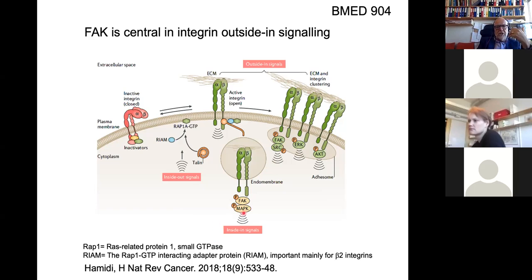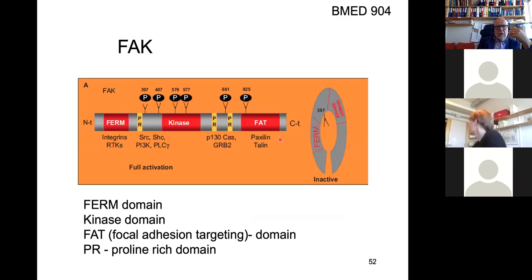So focal adhesion signals, outside-in signals, are central. Focal adhesion kinase is very central for integrin signaling. Focal adhesion kinase, as I said, is a soluble tyrosine kinase.